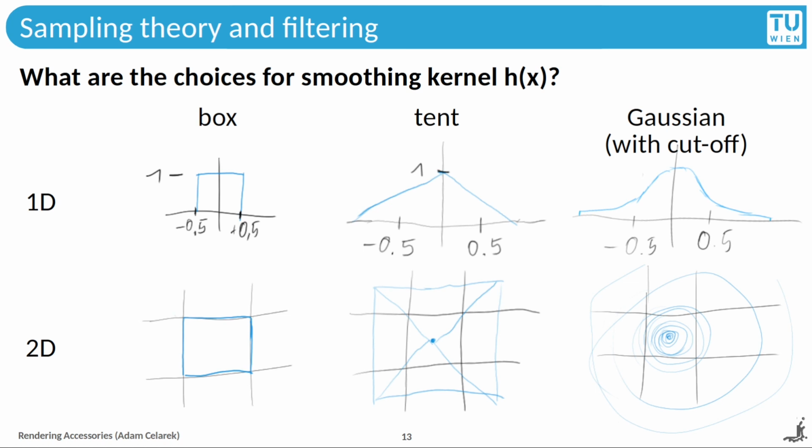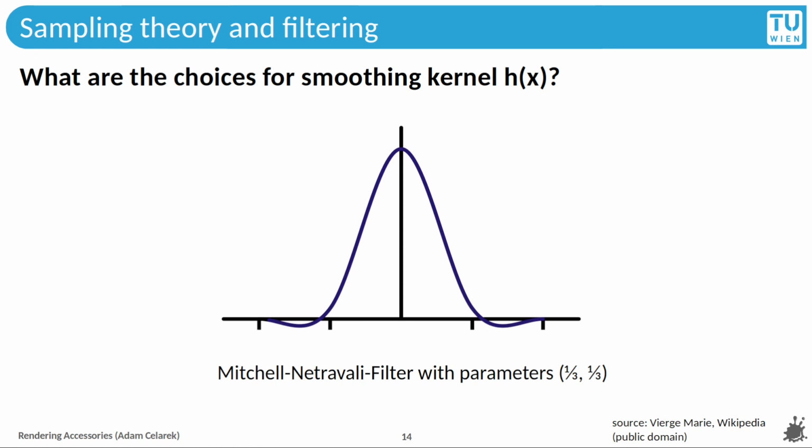The tent filter is slightly better, and the Gaussian filter is reasonably good, but smooths the result. Did you see that it is clamped over here and here? This is to limit its support. There is a family of filters called Mitchell-Netravali. You can see that they can be negative over here and here.